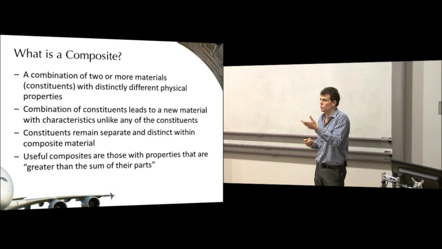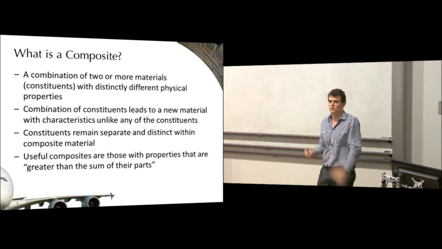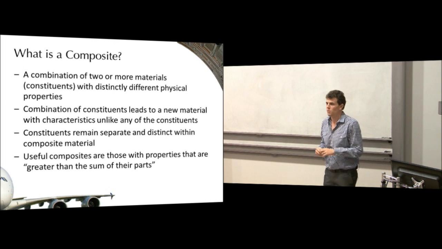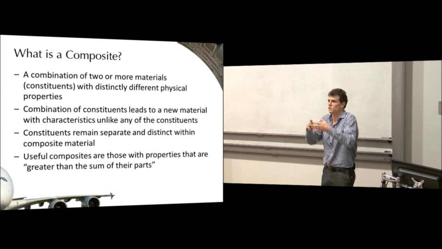They're forming the same crystalline structures and forming the same phases, whereas in composites, those two things remain distinct. And useful composites, composites that we would actually bother with, have properties that are greater than the sum of their parts. You get some advantage by putting these two things together that you wouldn't have gained from using either of the materials independently.